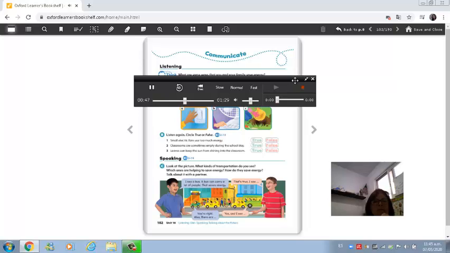We should always shut off the lights when our classroom is empty. This will save energy for our school. Hello, my name is Talia. My idea for saving energy will take more time, but I think it's a good idea for many schools. We should plant tall, leafy trees around the school building. During the warm months, the leaves in the trees keep the sun from heating up the classroom. During the cold winter months, the leaves fall off and the sun shines in the classroom and keeps us warm.